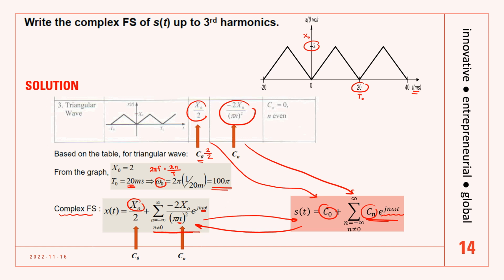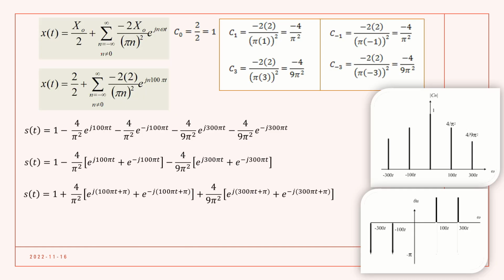Since the value of x naught just now is 2, and t naught is 20 millisecond, and your value of omega is 100 pi, you just replace them inside this general equation.